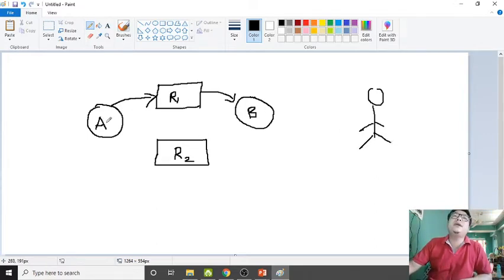But student A has only a notebook where they can write, and student B has only a pen. Student B does not have a notebook. So each of the students has one resource, but to write whatever the teacher has dictated, A needs both resources R1 and R2.